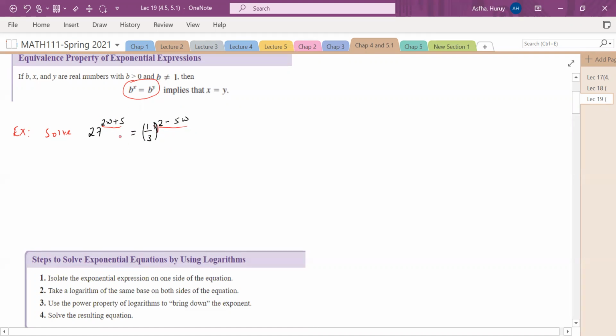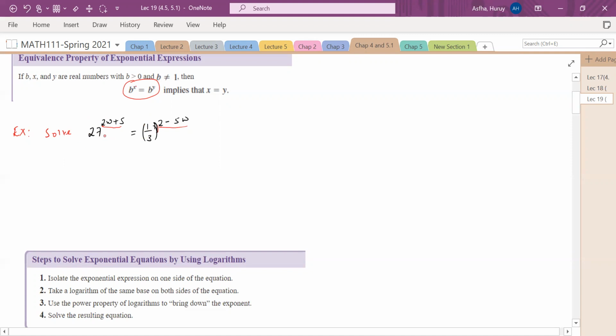Now the question is, how do we solve this? The first thing we need to do is make the bases the same. And how do we do that?